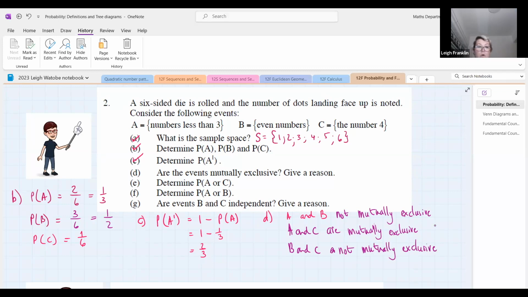Okay. All right. Now they want us to determine the probability of A or C. So in question E, they want the probability of A or C occurring. Remember, A and C are mutually exclusive.